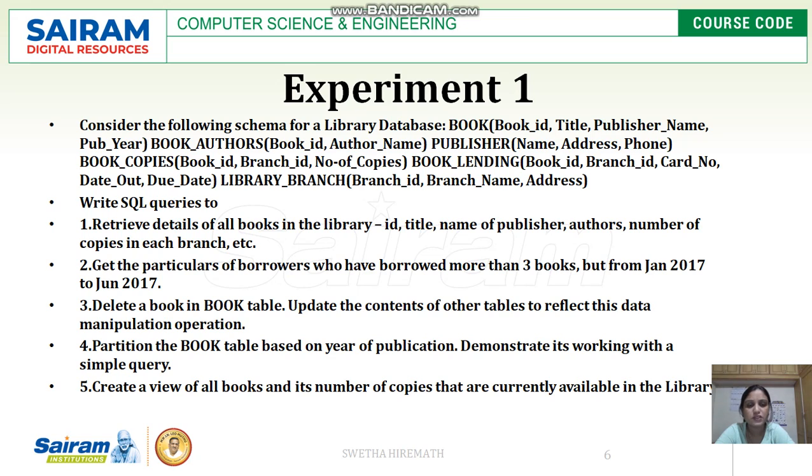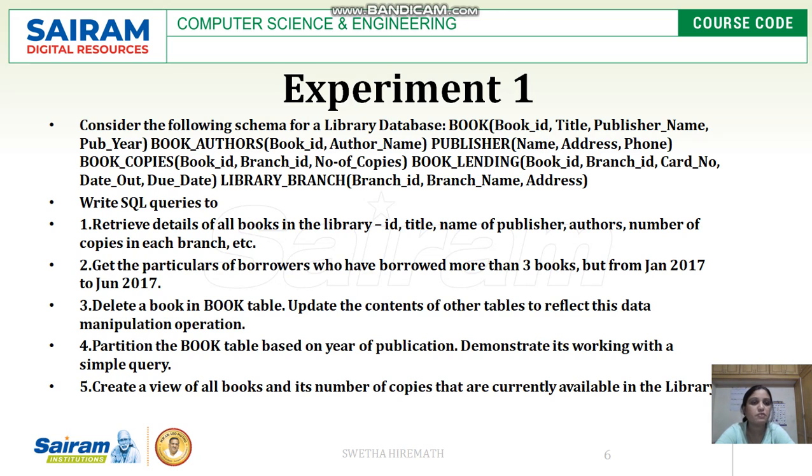So this is about the first table, book. The next table which we are going to use in our library database is book authors. This book authors table will consist of book ID as well as author name. The next table which we are going to create is publisher.